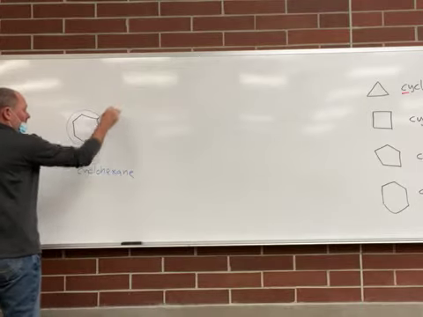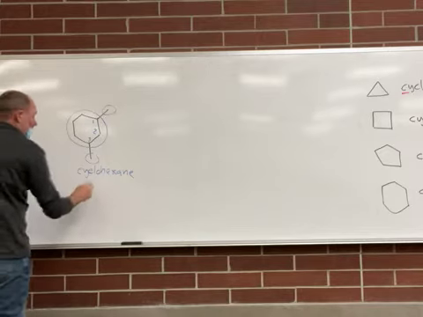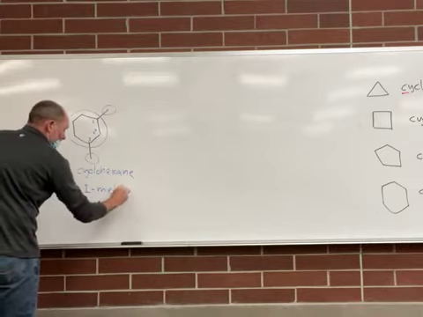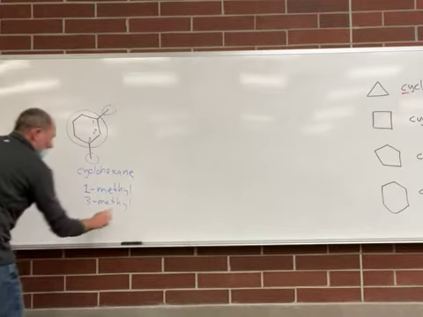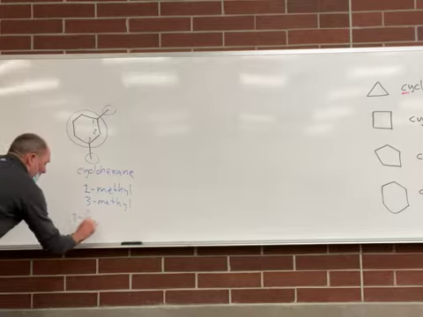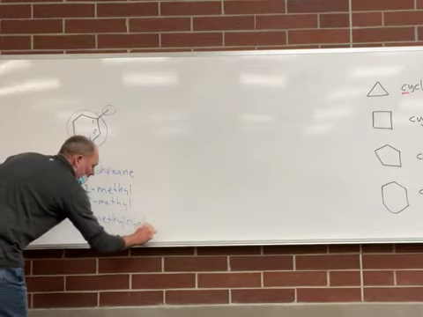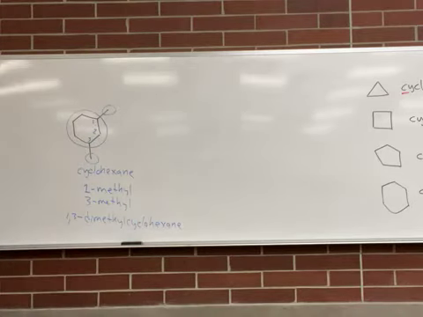And then when we number it, we're going to have 1, 2, 3. So it's going to be a 1-methyl, 3-methyl. So it's going to become a 1,3-dimethylcyclohexane. Okay? So that's the way they're named.